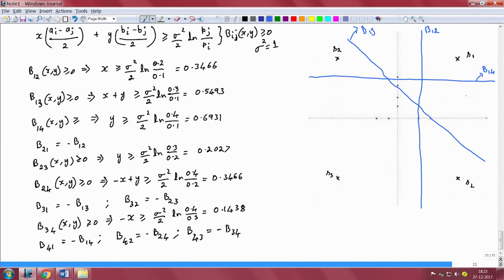So, these are the boundaries that we have, and we classify the signal as S1 when it lies within the intersection of all these boundaries. So, essentially it is this region. Let me remove the unnecessary boundaries that are not in use.